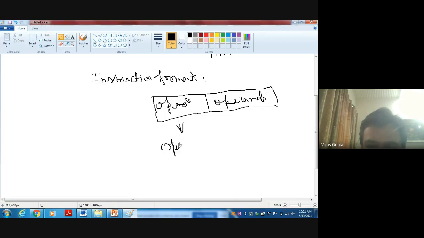What operation we need to perform? And the operand shows the entities on which we need to operate.